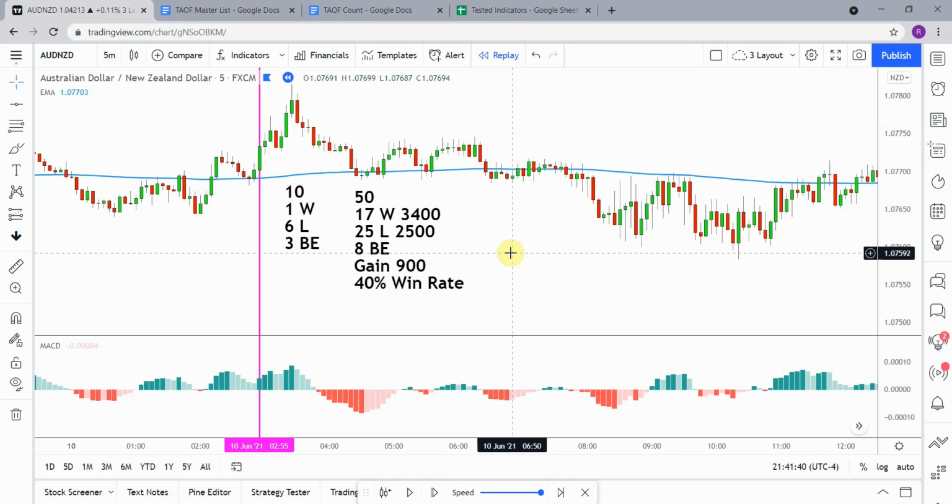It's not a home run strategy by no means. I did try this one on higher time frames, like the 1 hour and 4 hour, 8 hour. It just didn't seem to be able to accomplish the same win rate. Surprisingly enough, the lower time frames seem to work best with this one.